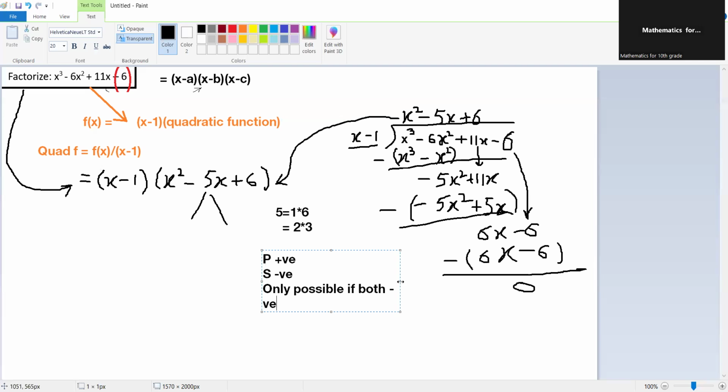If both are negative, the product of the two numbers will be positive and the sum will be negative.